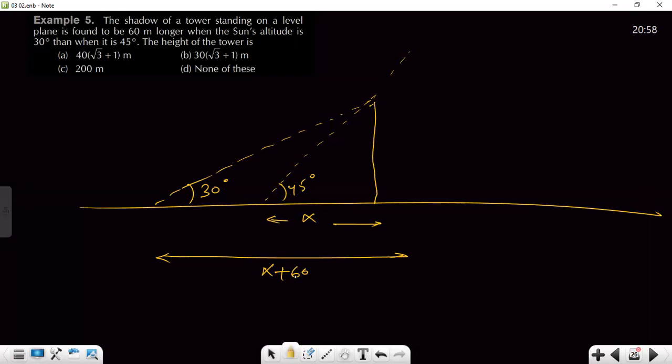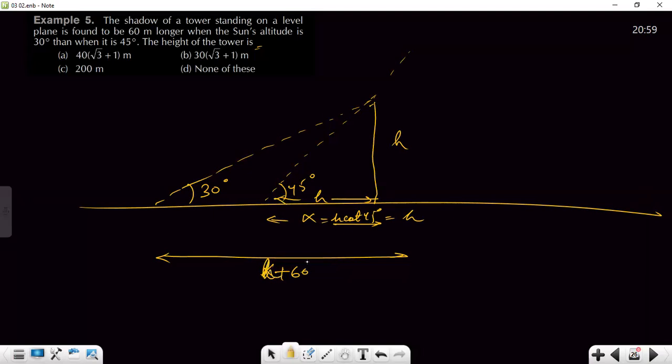Well and good. No other information is given. We have to find the height of the tower. Let's consider the height as h. In this triangle, this x will be h into cot alpha, cot 45 degrees. Cot 45 degrees is 1, so x is h only.